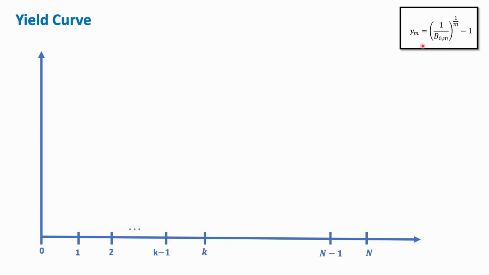I'm just noting here the formula that we found for the yield of a zero coupon bond. So let's say, for example, we want to find y when m is equal to 1. Say we have a zero coupon bond, and we know the price today, the value of what we're calling B01.